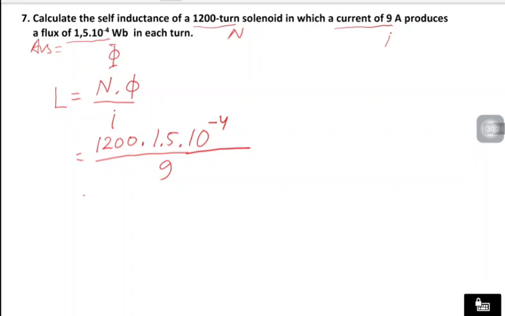So we get this value by 6 and this 200, so that we get the value is 0.02 Henry.